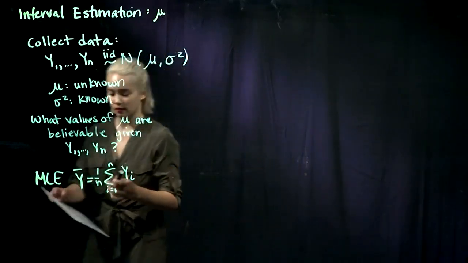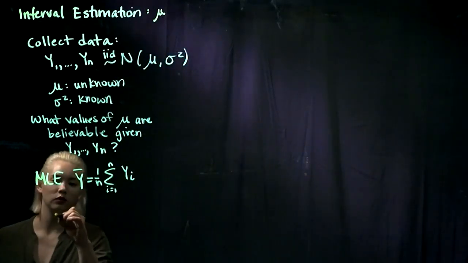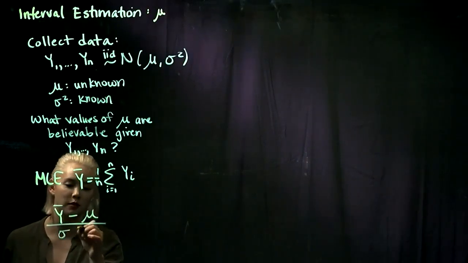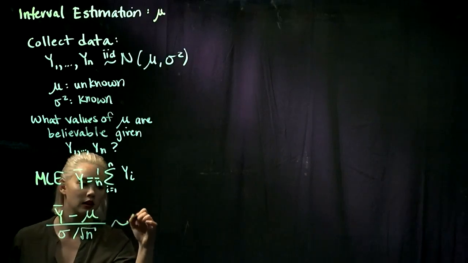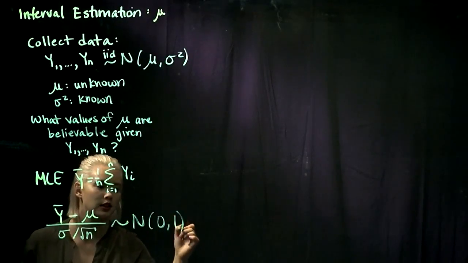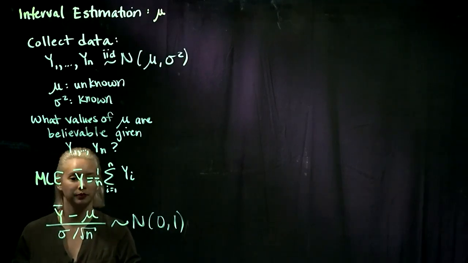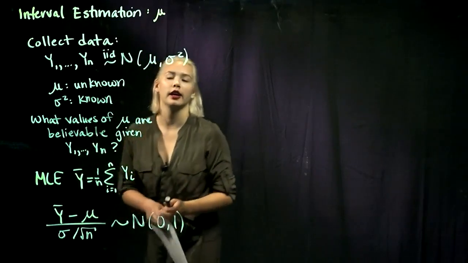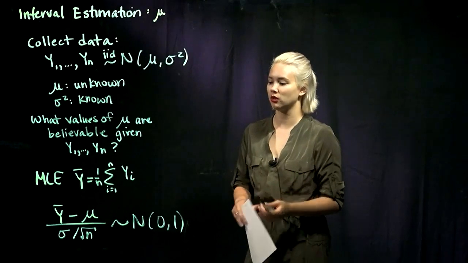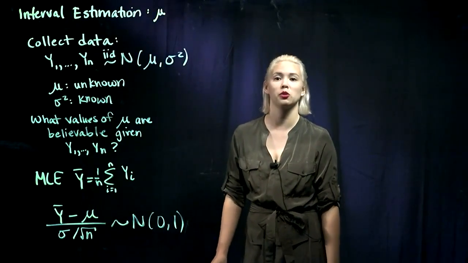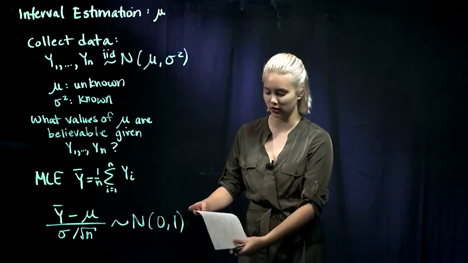Well, we know that (y bar minus mu) over (sigma divided by root n) is standard normal. And this is what we're going to use going forward. All right, so y bar minus mu divided by the standard error, which is sigma over root n, is normally distributed with mean 0, standard deviation 1.